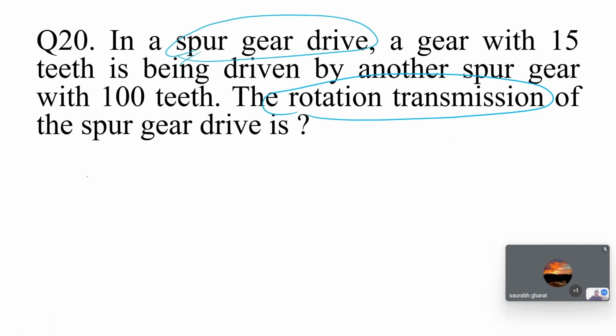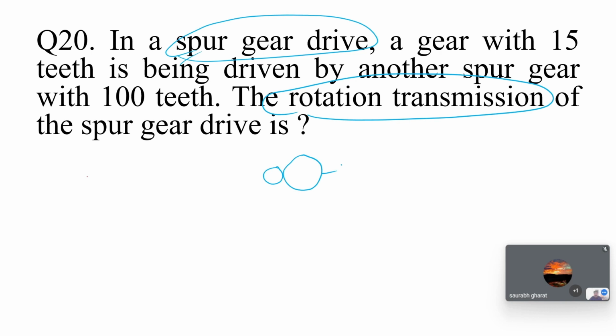And here, what is the question? A gear with 15 teeth is being driven by another spur gear with 100 teeth. So consider this your gear with 15 teeth, and this your gear with 100 teeth.